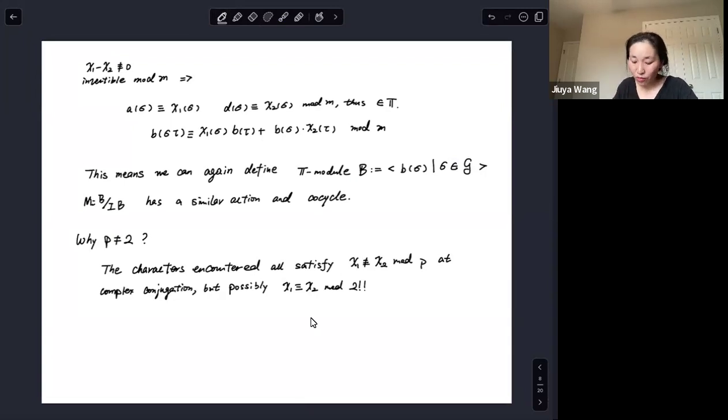I won't spend more time on showing the largeness, as Shomit has already done it in the morning, but it essentially follows from rho being irreducible again.